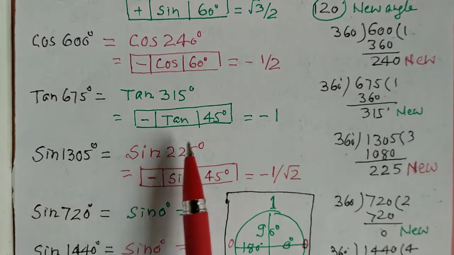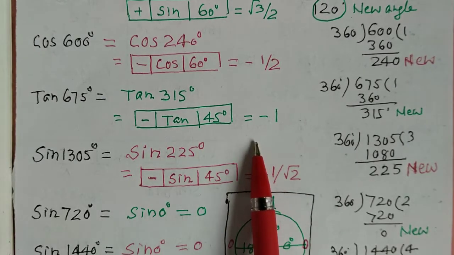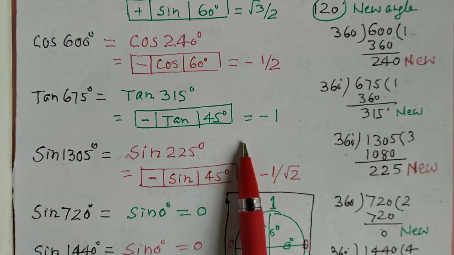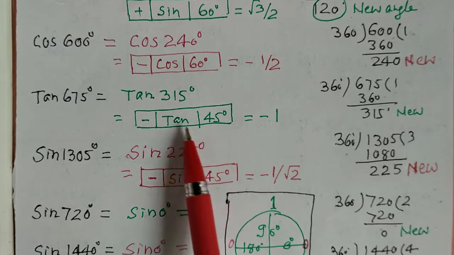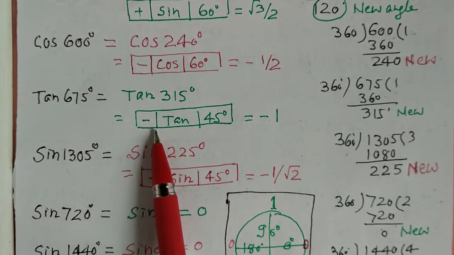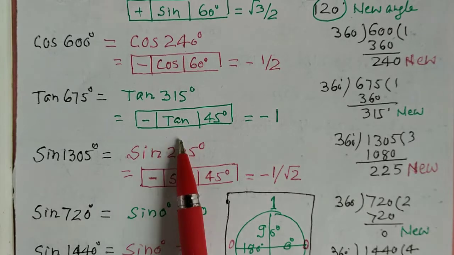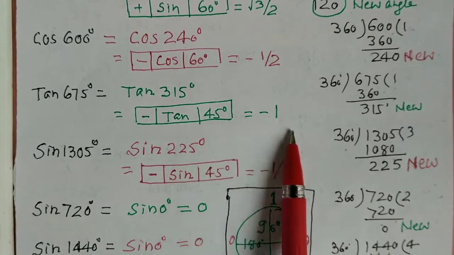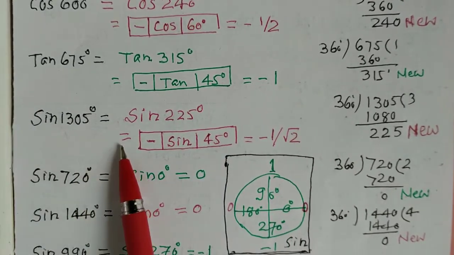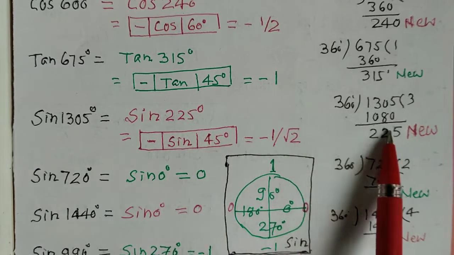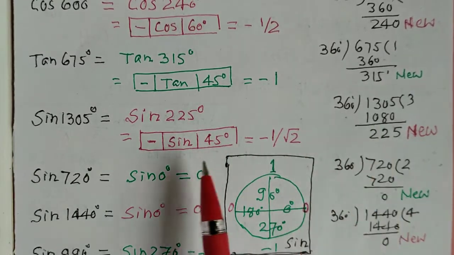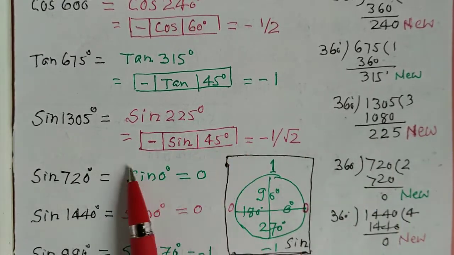The three box are used when the angles are available between 90 to 360. So tan is negative in fourth quadrant, tan remains tan, deviation is 45, so minus 1. Likewise 1305, this is divided by 360, remainder is 225, so sin 225, again 3 box.